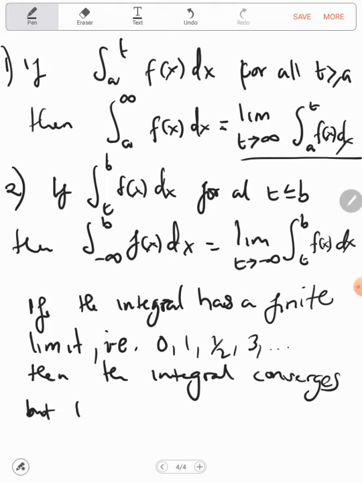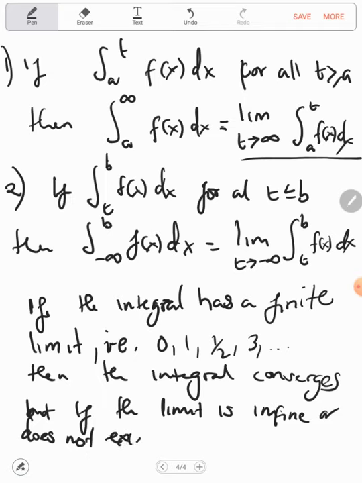But if the limit is infinite or it doesn't exist, then the integral is divergent.